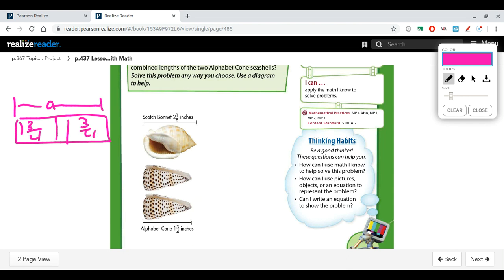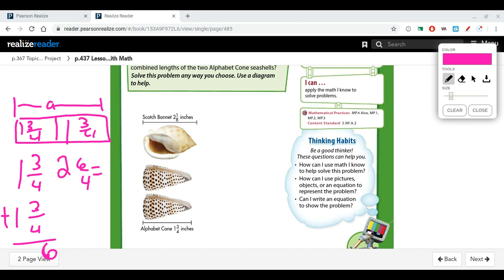And so when I solve for the combined length, when I go ahead and add them together, I end up with 6/4. I'm coming up here because you can't see that. So I end up with 6/4, and then 1 added to 1 is going to be 2 6/4. So I need to turn that into a proper fraction.